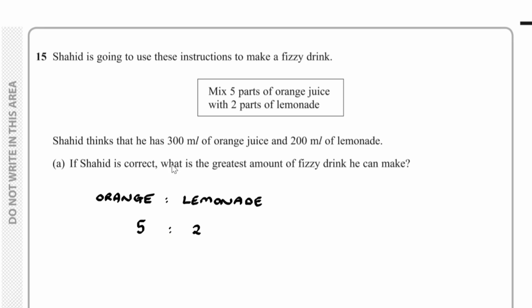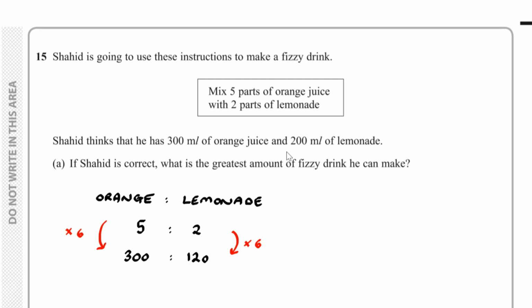Now, Shahid has 300 milliliters of orange juice, and so the amount of lemonade he requires, if I multiply by 6, means we require 120 milliliters of lemonade.